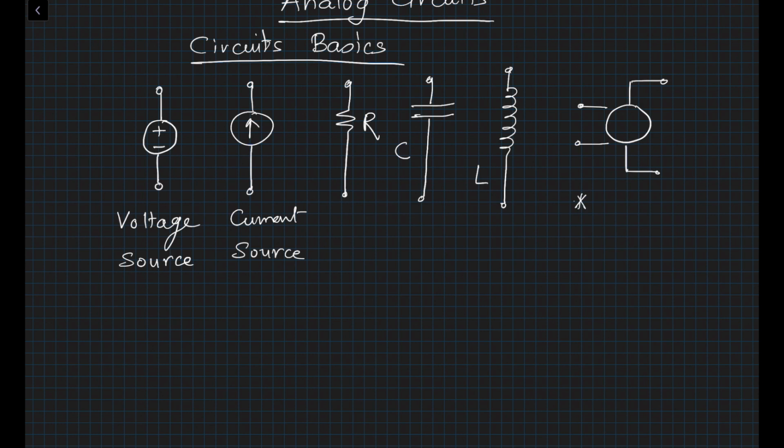Generally we denote them as star C, star S, star being either voltage or current. So for example, you could have a voltage controlled voltage source, a current controlled voltage source, or similarly a voltage controlled current source or a current controlled current source. So these are four different combinations, and when you go to circuit simulation, you will be using these dependent sources quite a lot to model various things which are happening in the circuits.